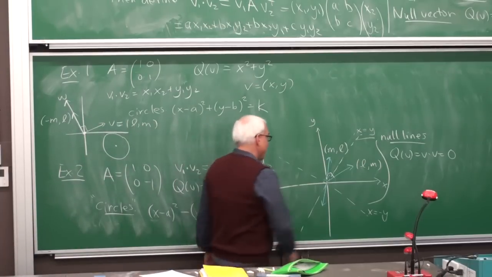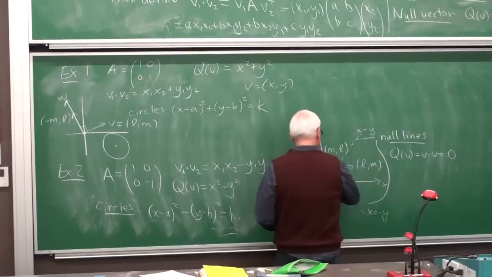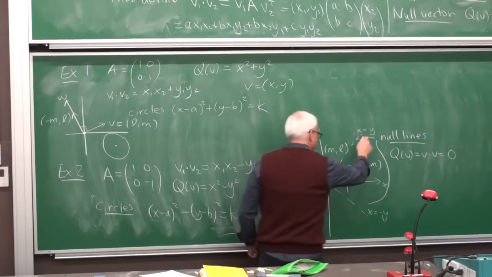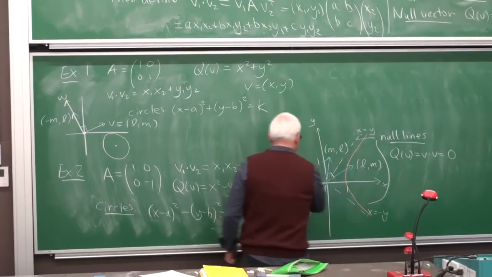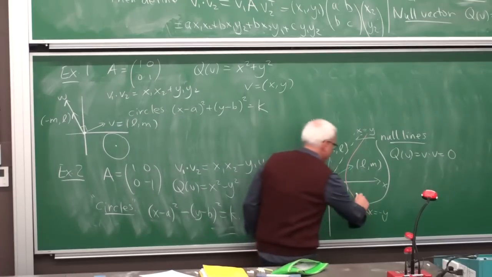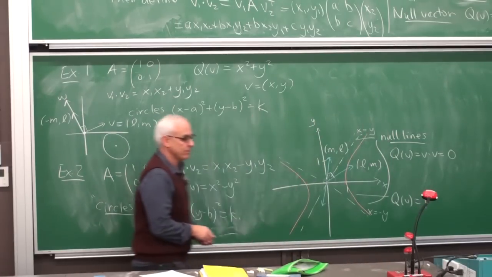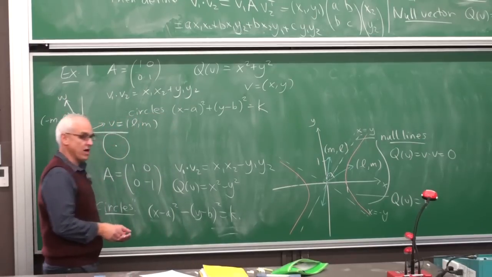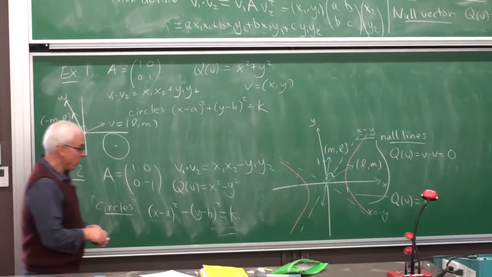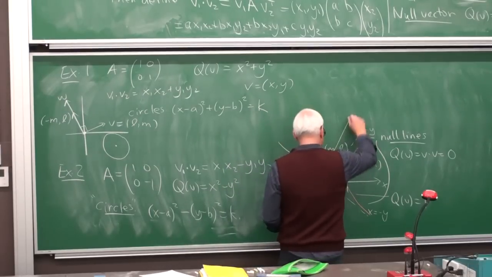And we can draw them. So for example, there would be the circle defined by the quadratic form of v equals 1, where x squared minus y squared equals 1. Or we could look, say, at this hyperbola.